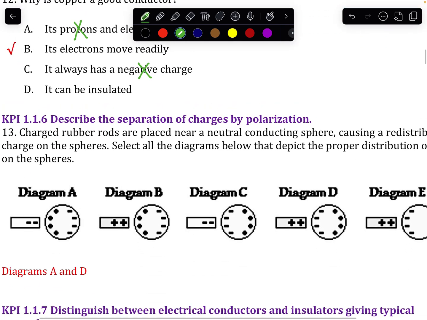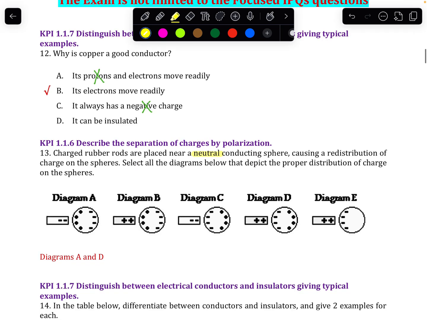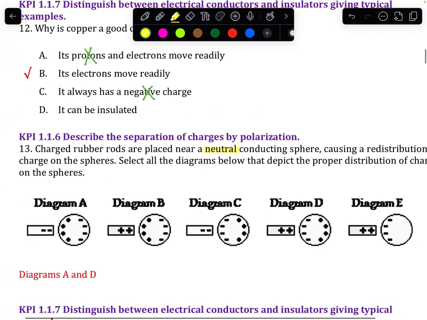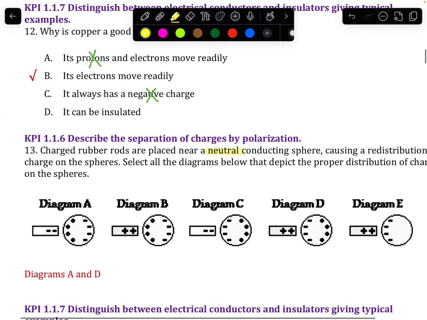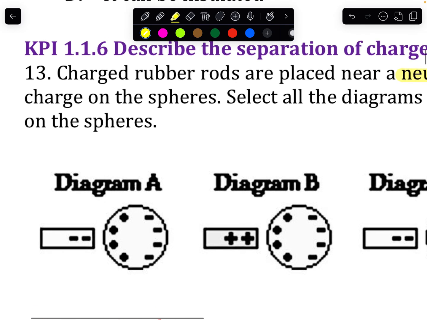So charged rubber rods are placed near a neutral conducting sphere. So the sphere should be neutral, causing a redistribution of charge on the sphere, which we call polarization. Select all the diagrams below that depict the proper distribution of charge on the sphere. Now let's see why A is correct.